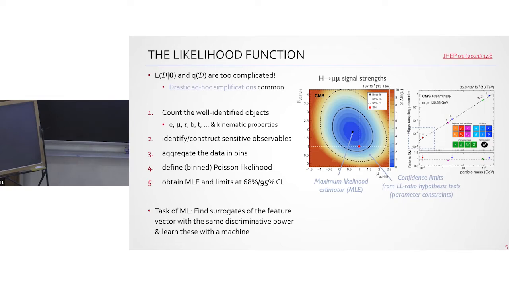Then we usually define a Poisson likelihood because data in bins is Poisson distributed. And then we obtain a binned maximum likelihood estimate, and we end up here. We use the likelihood ratios to obtain confidence limits based on frequentist hypothesis tests. That is the result, and then we make propaganda plots like these.